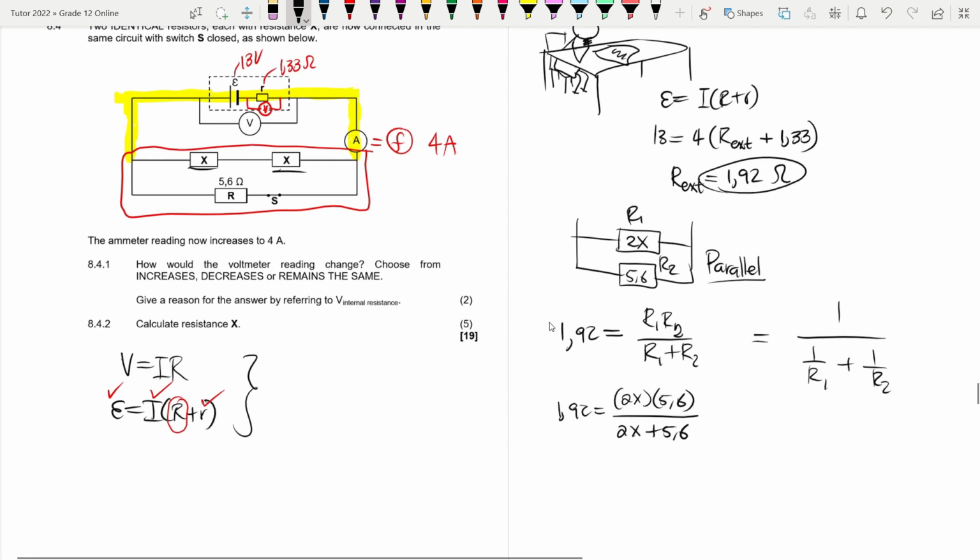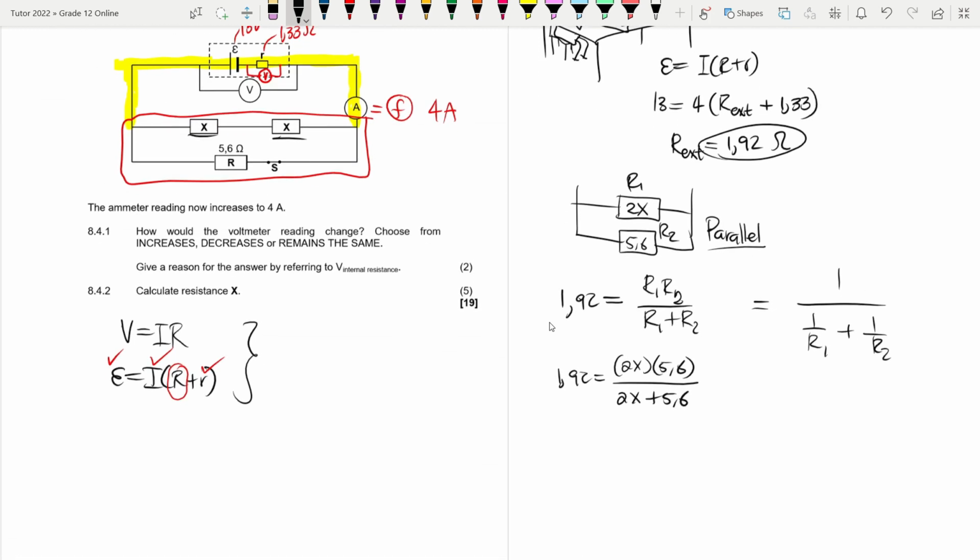Obviously, at this point, you just do your maths. No one tells you the method. Maybe my method is a little bit too much, but I'll just continue and see what I get. 2 times 5.6 is 11.2x. On the bottom, still the same thing.